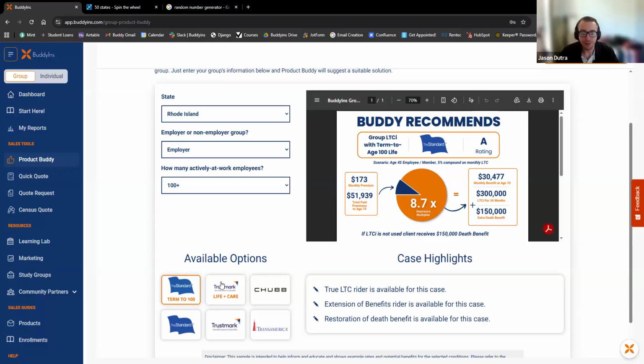We have made voluntary enrollments work for this size, just over 100. But our best cases in this range have been with some sort of employer-funded benefit and voluntary for the rest of the employees. And when I say employer funding for executives, you don't have to fund the maximum guaranteed issue amount for those executives. You can offer a base plan and allow for buy up from there.